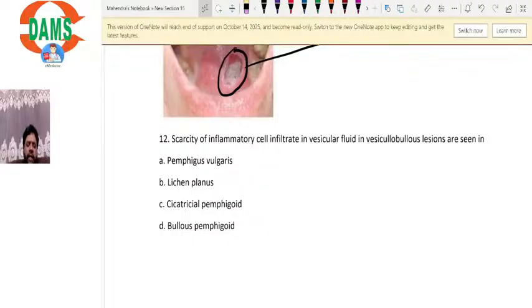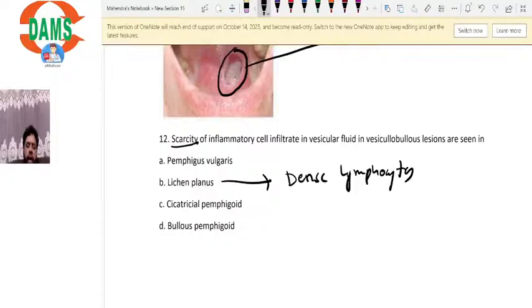Scarcity means inflammatory cells are less here. Among the 3, one doesn't have many inflammatory cells. Lichen planus typically has a dense band of lymphocytes, and pemphigoid typically will have eosinophils and neutrophils.